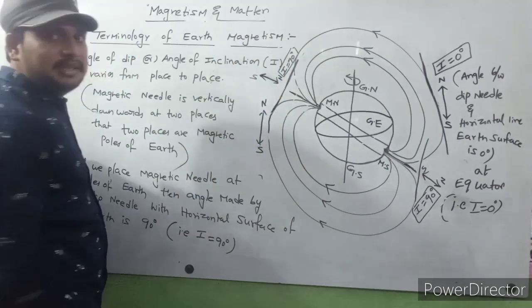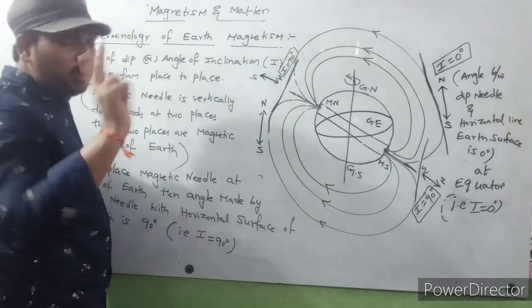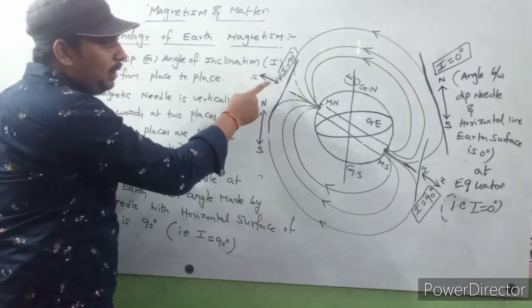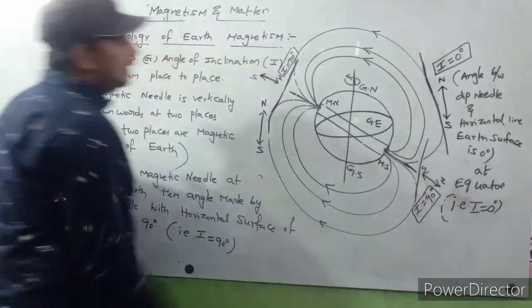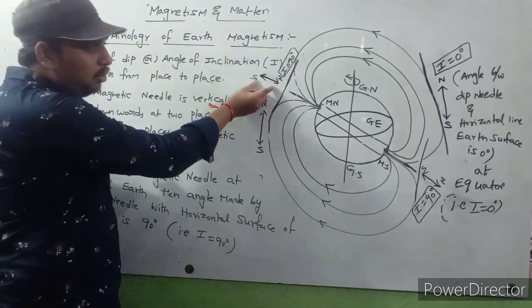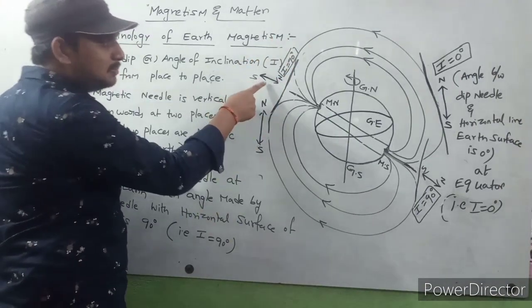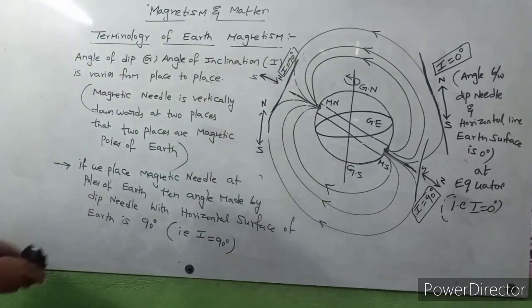At all remaining places the needle is horizontal or inclined. One place is the north pole, one place is nearer the south pole. Here the needle is vertically downward and the angle between it and the horizontal surface is 90 degrees. So this is the angle of dip.